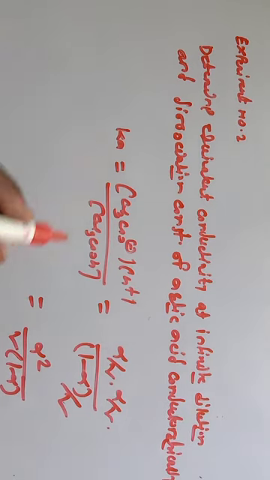So this is your Ka, the dissociation constant, which is equal to alpha square upon V into 1 minus alpha.